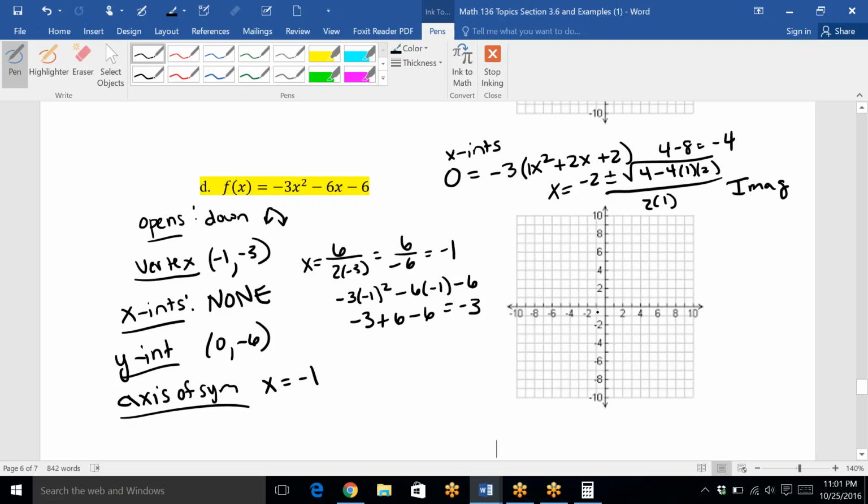So negative 1, negative 3, and then 0, negative 6, and that makes sense because this is over 1, down 4, so over 1, down 4, the other direction would be my other point, since that guy's my vertex right there. And notice this never crosses the x-axis because it's going down and the vertex is already below the x-axis.